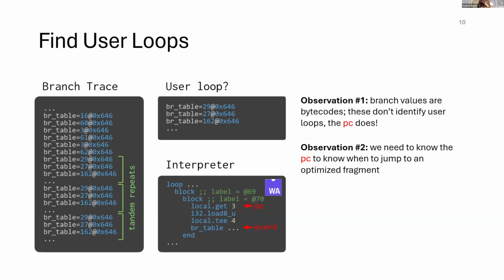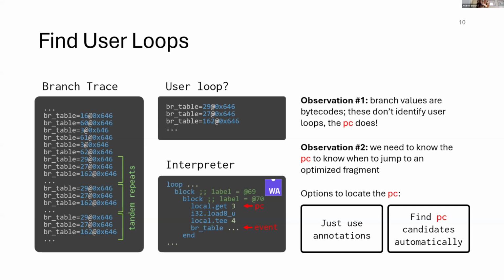There are two options. We could just use annotations. All the other systems that I talked about a couple slides ago have some way of annotating how to figure out the PC, and that's a valid approach. But I actually don't hope to do that. The other approach would be to find these PC candidates automatically, but there's more research needed there. Not going to discuss that too much in this talk. Either option here is acceptable for determining what the PC is.